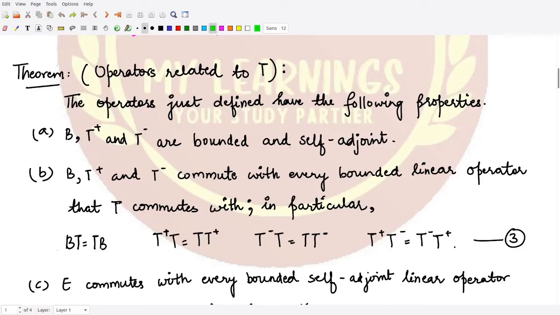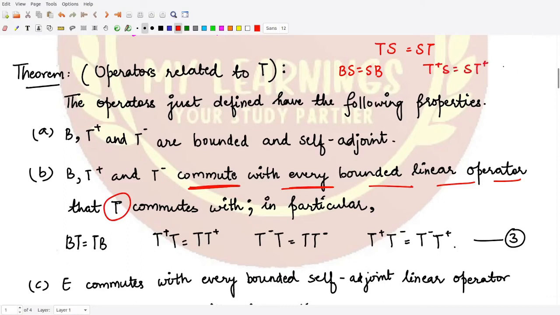The second property tells us that these three operators, B, T positive and T negative, commute with every bounded linear operator that T commutes with. So suppose you have some operator S which commutes with T. Then this operator S would definitely commute with B, it would commute with T positive, and it would commute with T negative as well.